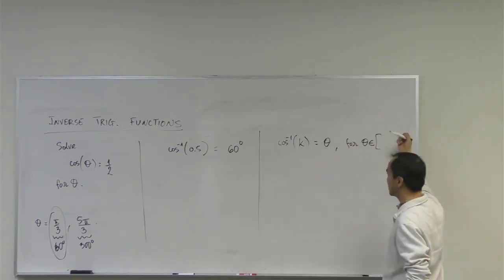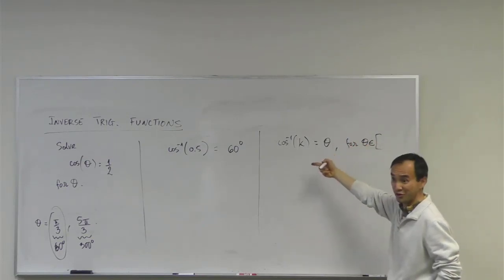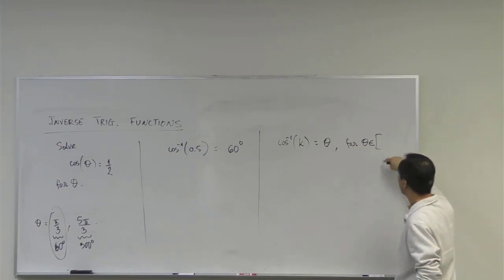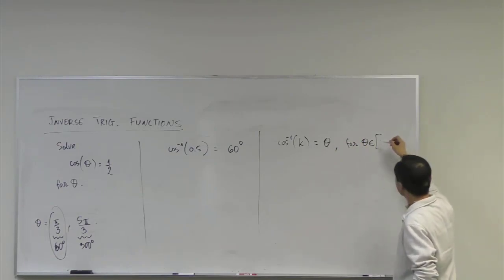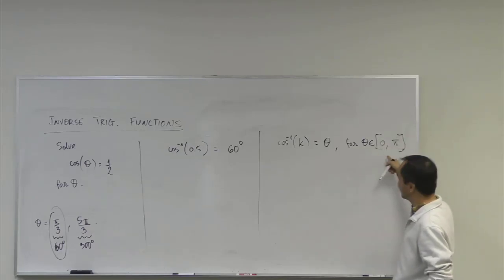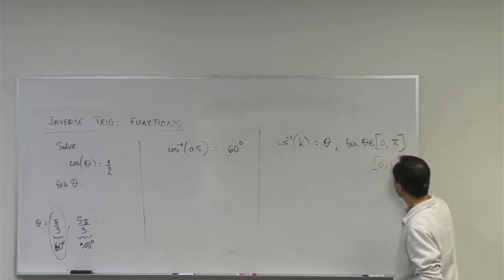As a worldwide convention, it's restricted. And later on, I'm going to explain the reason why they chose that restriction. It's more like a chosen restriction like that, and we will understand why they chose that. But the angle that comes out runs anywhere from 0 to pi. Anywhere from 0 to pi, or from 0 to 180 degrees.